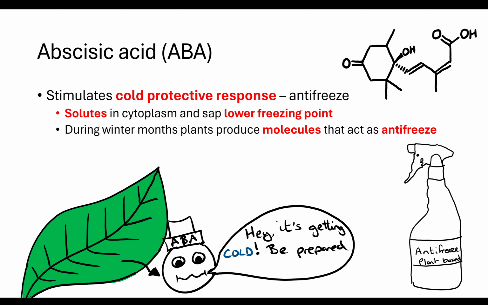So what the plant will do in response to that decrease in temperature is it will produce ABA, which will stimulate the production of these molecules that can act as antifreeze and therefore prevent the plant cells from freezing so that they still are able to carry out their metabolic processes.